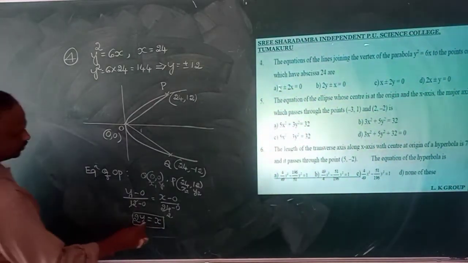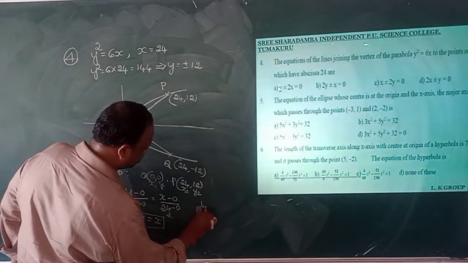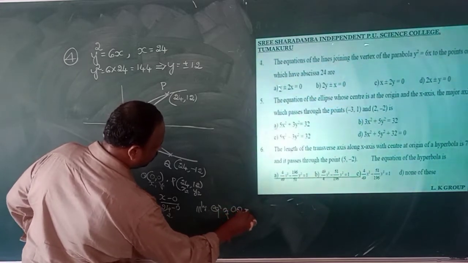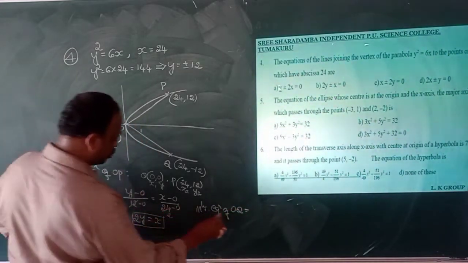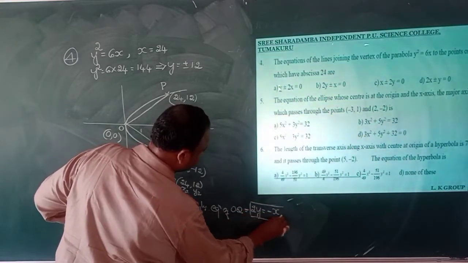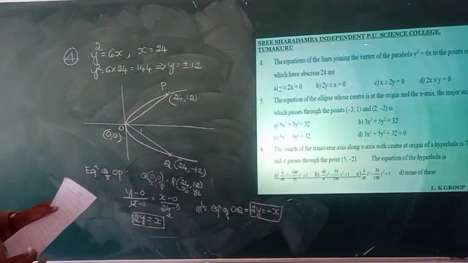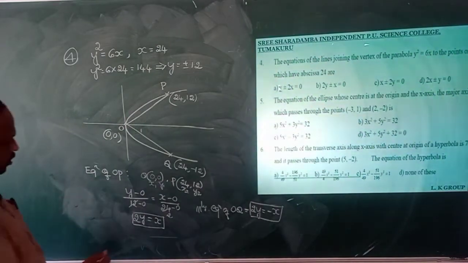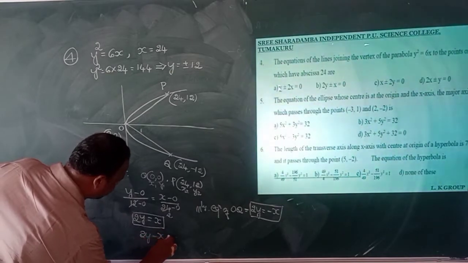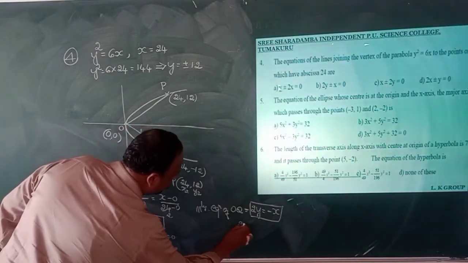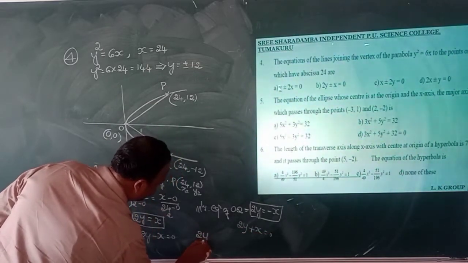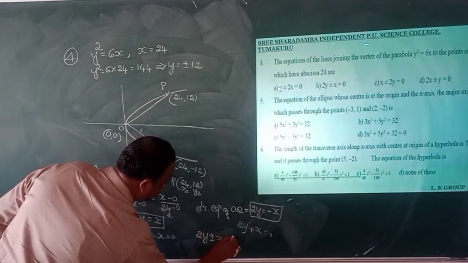Equation of OQ, similarly, you will get 2y is equal to minus x. So therefore you will get 2y minus x is equal to 0 or 2y plus x is equal to 0, which implies 2y plus or minus x is equal to 0.